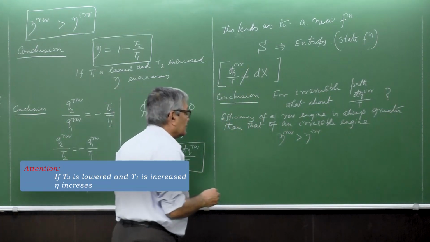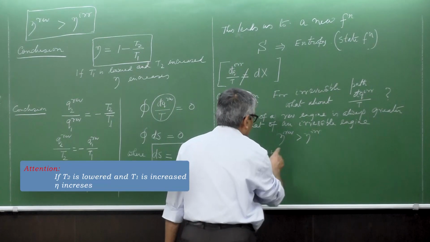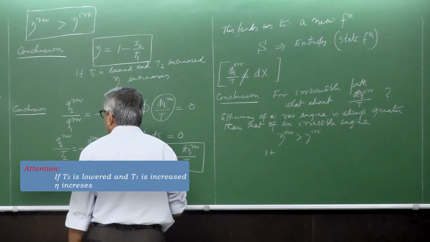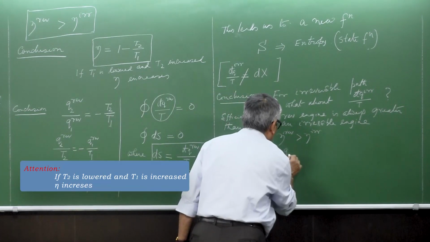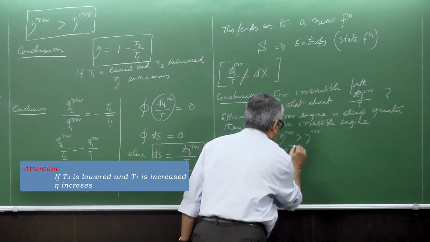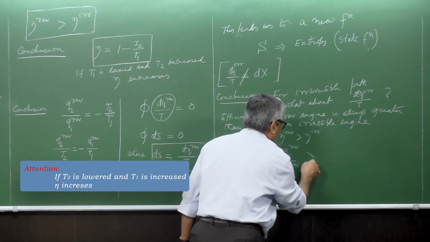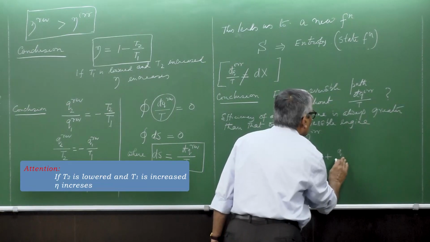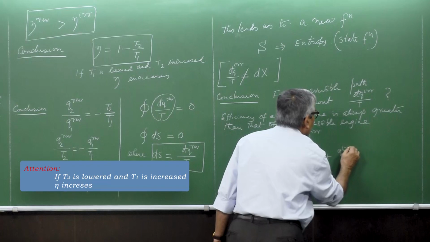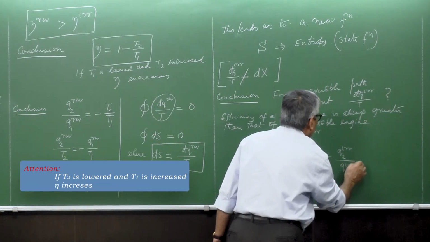So I may write 1 plus eta as 1 plus Q2 reversible by Q1 reversible, greater than 1 plus Q2 irreversible divided by Q1 irreversible.